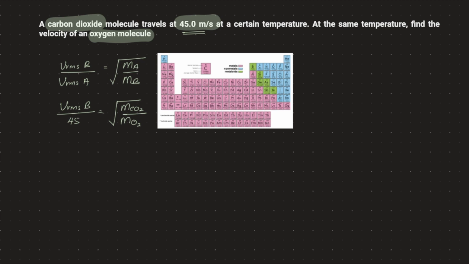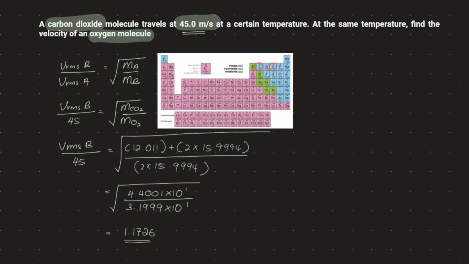So the same drill, we are going to look upon the relative molar mass. For carbon dioxide, we look at carbon and oxygen, and for oxygen molecule, definitely we look upon the oxygen. From the calculation, we find that VRMS B over 45 is equivalent to 1.1726.